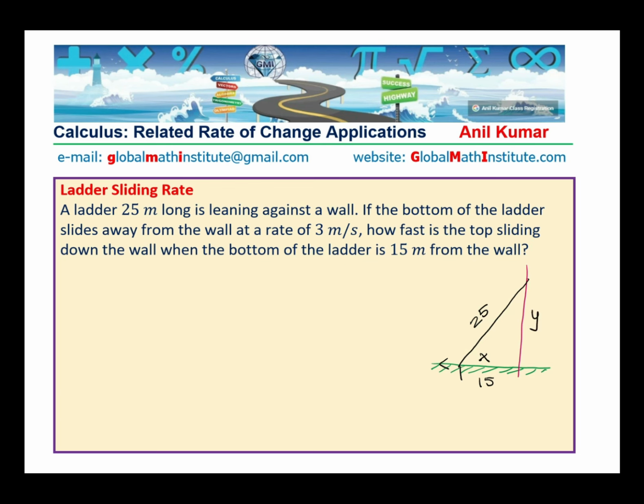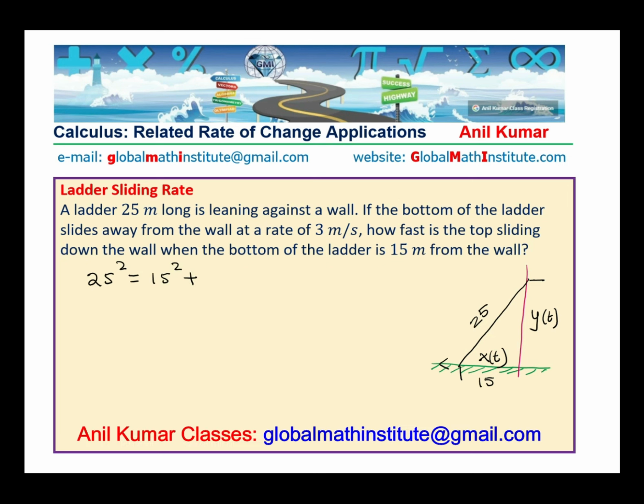Now both are functions of time as they are sliding with time, so we can always write this as x of t and y of t. But at the given instance, when 25 is the length, what is the value of y? So at this instance, we can find 25 square is equal to 15 square plus y square.